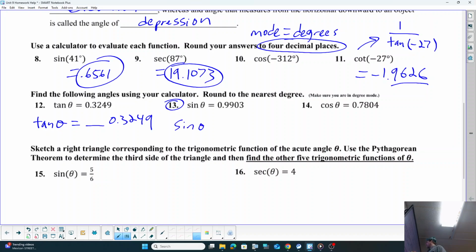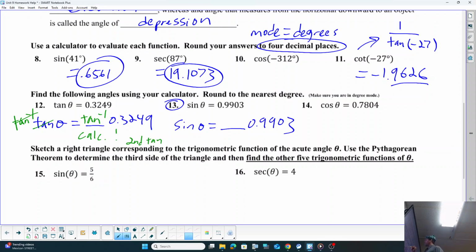So how do you undo tangent? You do inverse tangent. Make sure you inverse tangent both sides. That's going to get rid of tangent. And then you plug that into your calculator. It's second button, and then tangent.